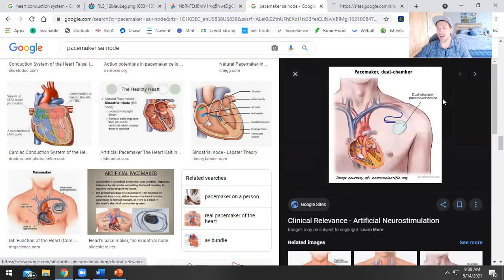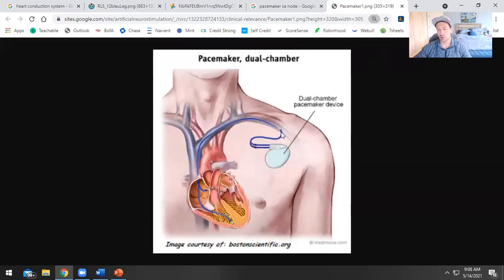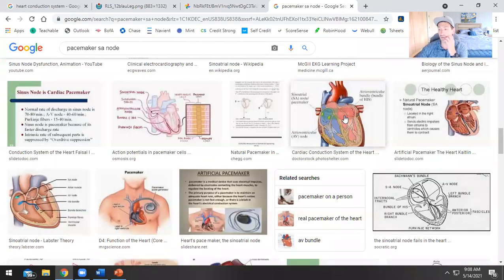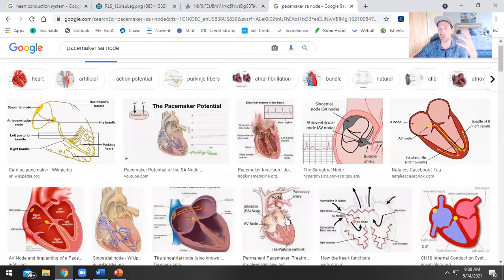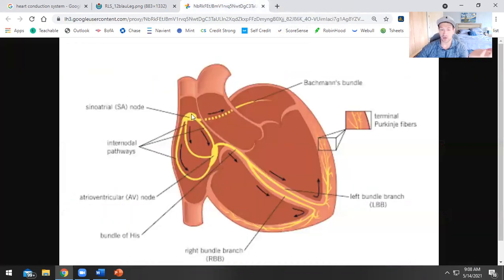So when they implant a pacemaker on a person, they'll run this little wire straight to the SA node, which would be right here. And then it also goes down here as well. But it's designed to make sure that the heart's rhythm is working the way that it is supposed to. So we term that the pacemaker of the heart because it does set the pace of your heart, right?